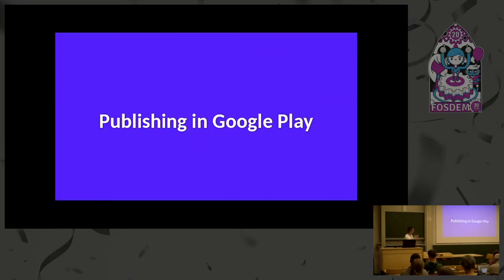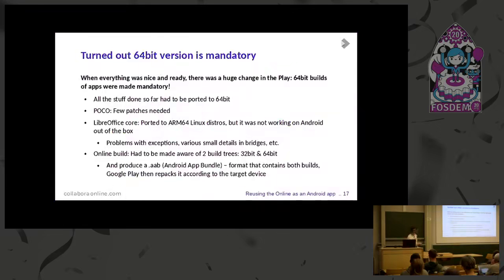And then we tried to publish in Google Play, but just at the time when we were ready and all was nicely done, Google Play came up with a new policy: when you have a native app in the store, it has to have a 64-bit version as well. And so far everything was 32-bit.